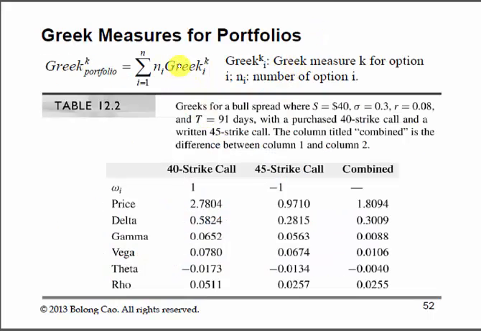One last thing to mention about the Greeks is that Greeks can be viewed as linear measures, just like beta for a portfolio or duration for a bond portfolio. They can be added up. You can add up the Greeks in an option portfolio to get the portfolio Greek.